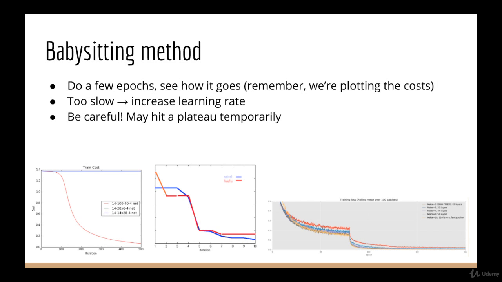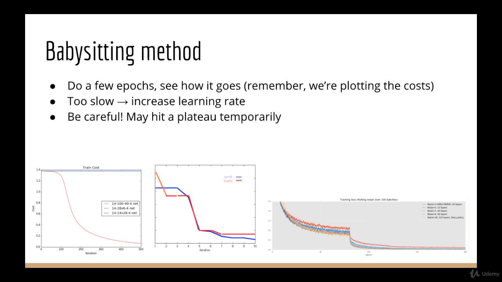Here is another technique that people use which is related to these variable learning rate techniques. Sometimes researchers and machine learning practitioners will actually sit there and babysit the neural network training process. So they'll do a couple of epochs and see how it goes. If learning is happening too slowly, they might increase the learning rate. If learning is starting to even out, they might decrease the learning rate. But you have to be careful because you're not guaranteed to have a nice, monotonically decreasing curve.